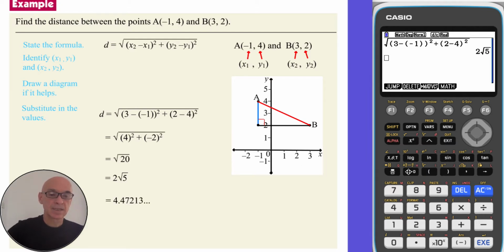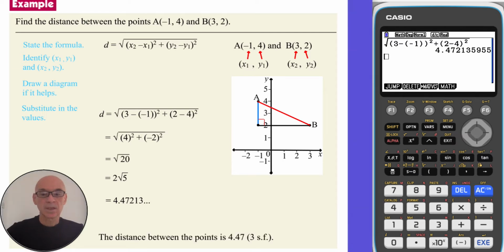And pressing the decimal display gives a distance of 4.47, correct to 3 significant figures.